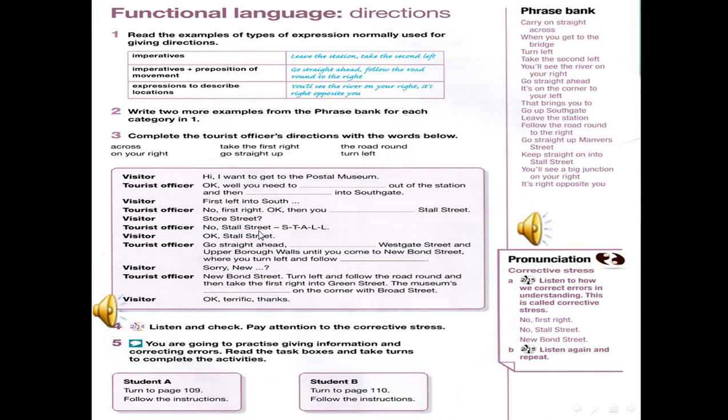No, Stall Street. S-T-A-L-L. Okay, Stall Street. Go straight ahead, across Westgate Street and Upper Borough Walls until you come to New Bond Street, where you turn left and follow the road round. Sorry, New Bond Street. Turn left and follow the road round, and then take the first right into Green Street. The museum's on your right on the corner with Broad Street. Okay, terrific. Thanks.